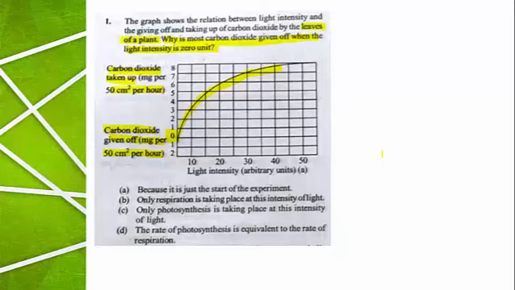So for this question, the right answer is only respiration is taking place at this intensity of light. When light intensity is 0, there is no chance of photosynthesis. So photosynthesis is not taking place, the regular respiration is occurring, so plants are liberating carbon dioxide and taking up oxygen.